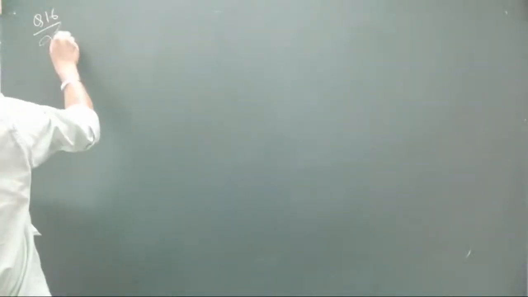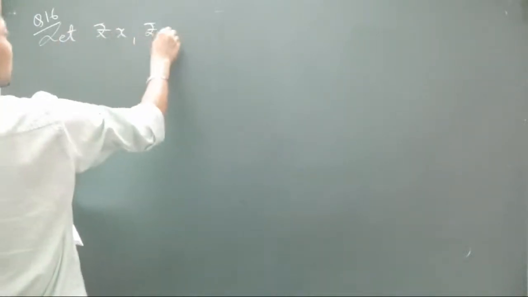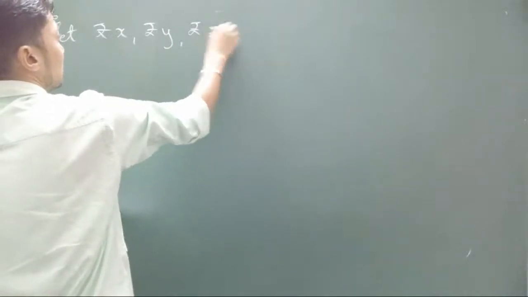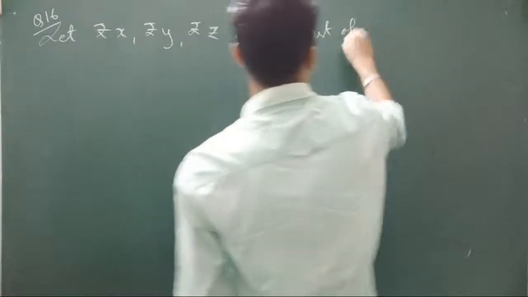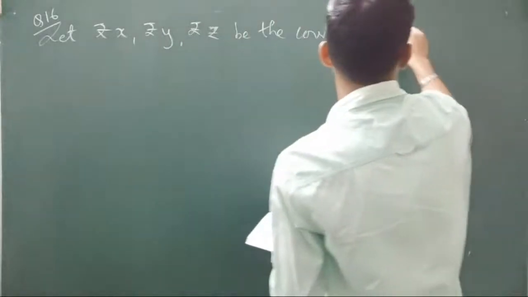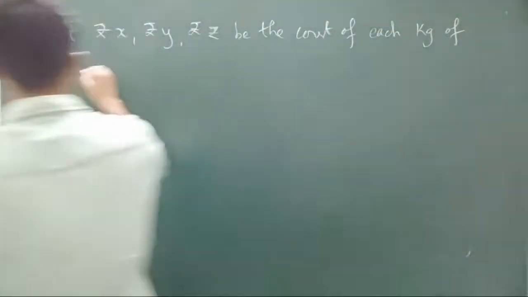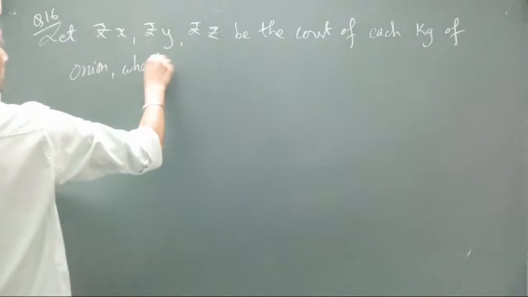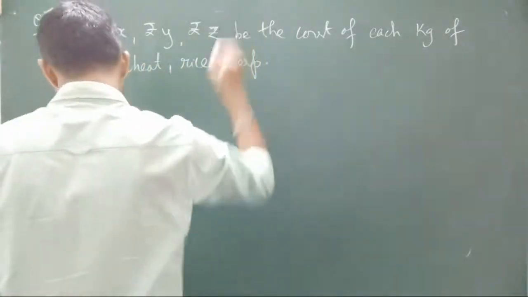Question number 16. Let rupees x, rupees y, rupees z be the cost of each kg of onion, wheat, rice, respectively.